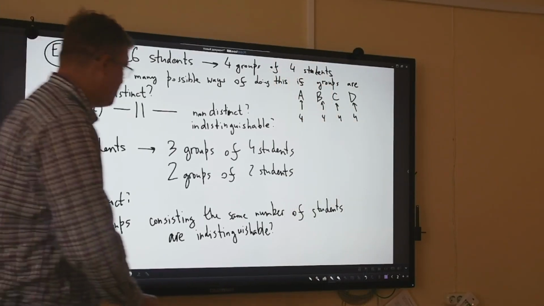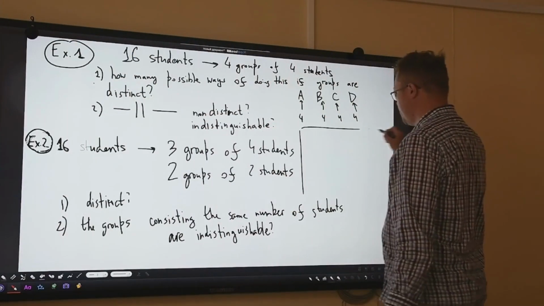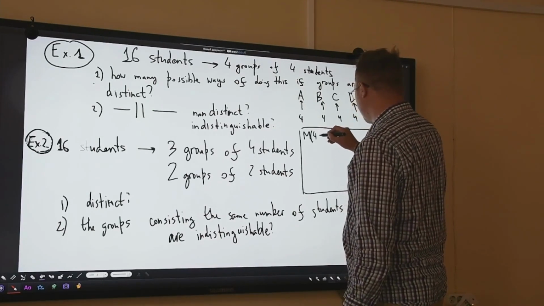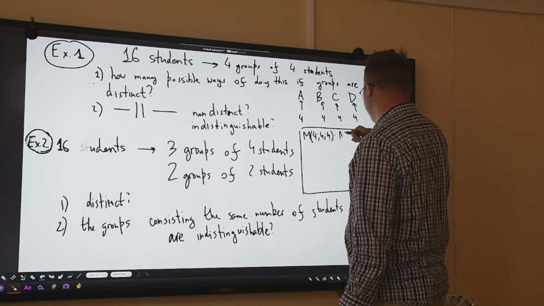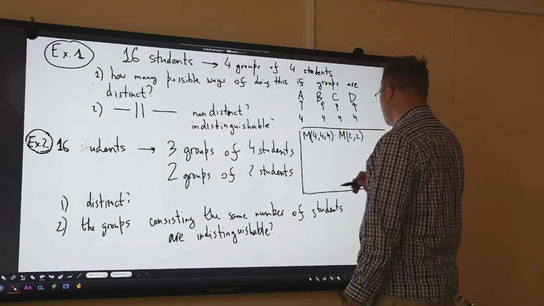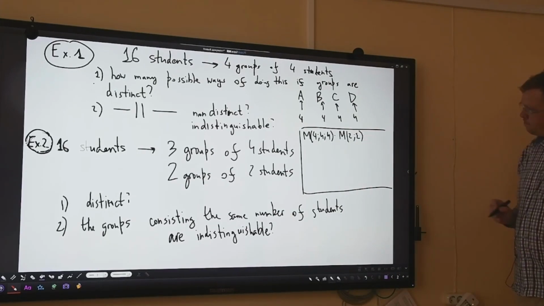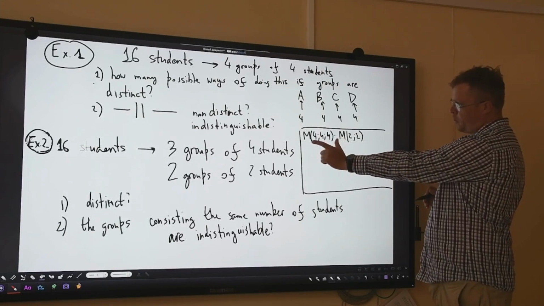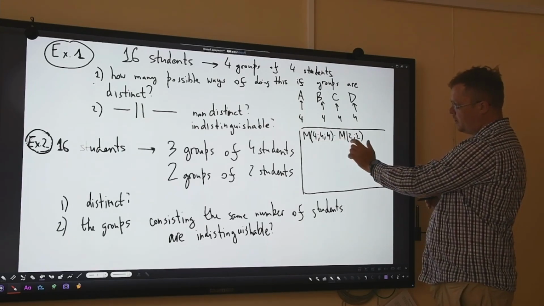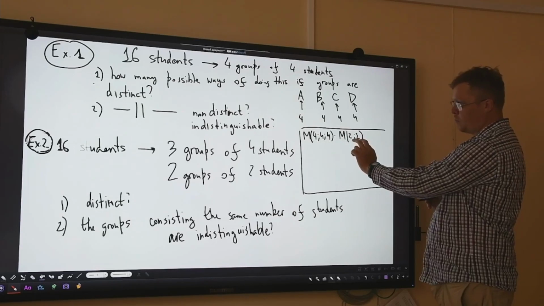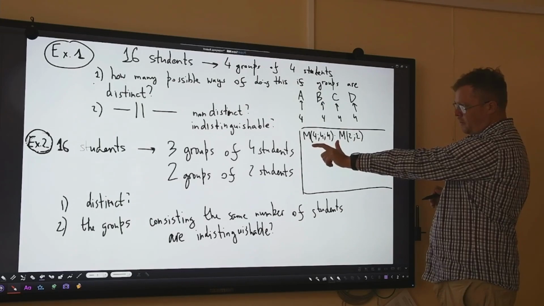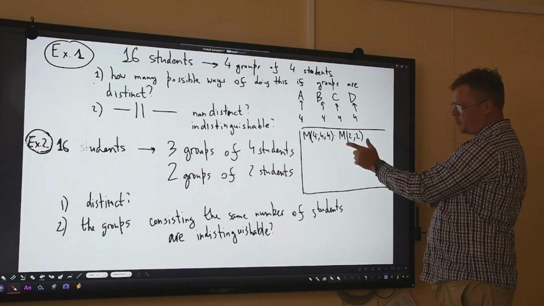He sent me the following answer for the first one, but I think it's not correct. He wrote M of 4, 4, 4 times M of 2, 2. I don't think this is correct because here you divided the 12 persons into 3 groups of 4, and here you divided 4 persons into 2 groups of 2, but you also need to choose the 12 persons to go here and 4 persons to go here.